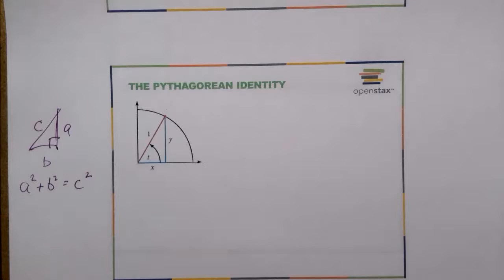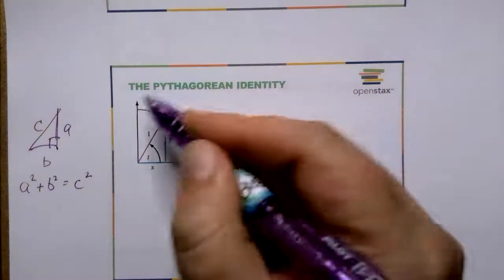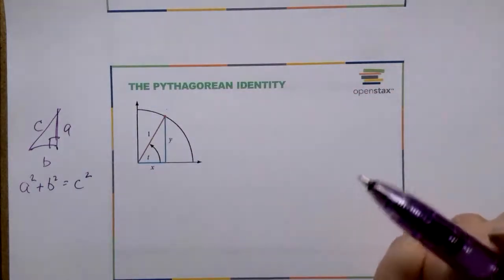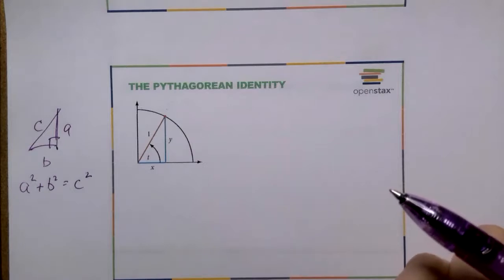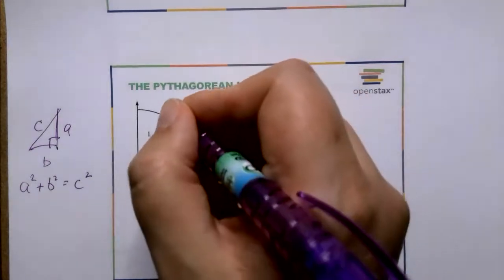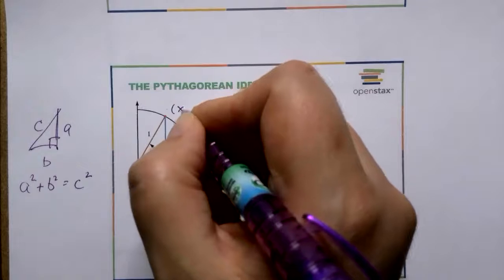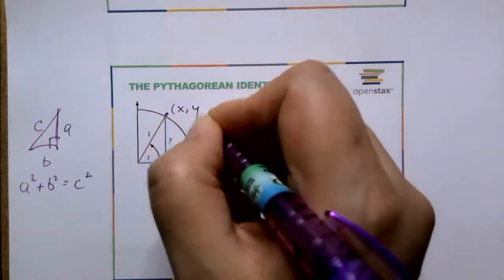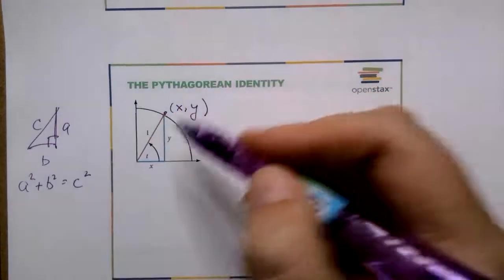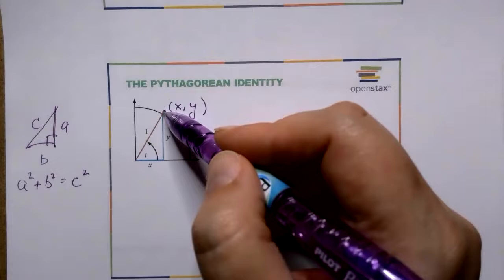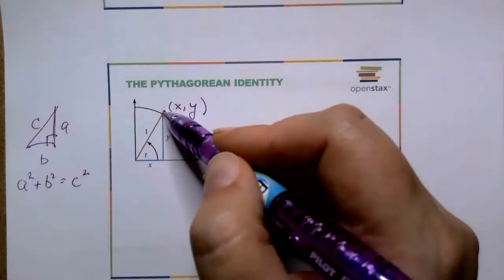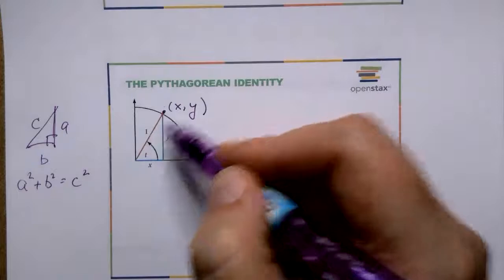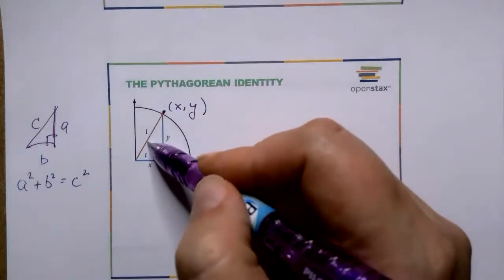Okay, so let's talk about how it applies to our triangles inscribed into a unit circle. Well, we know that here the coordinate of this point is x and y, right? Now x is the cosine of this angle t, and y is the sine of the same angle.